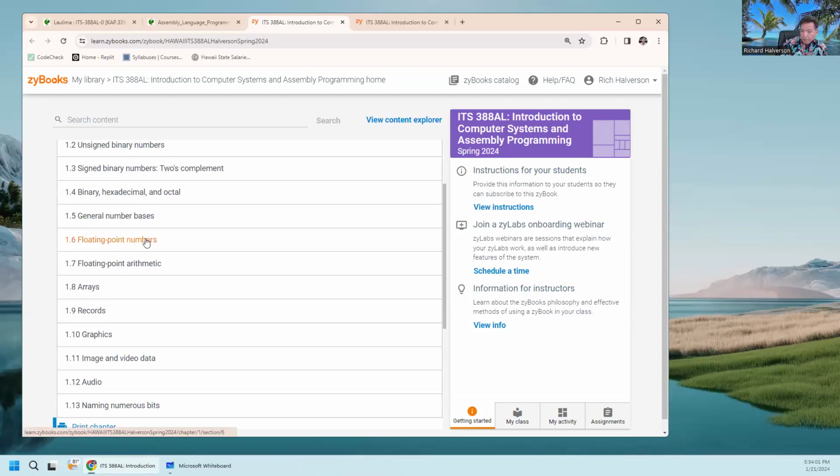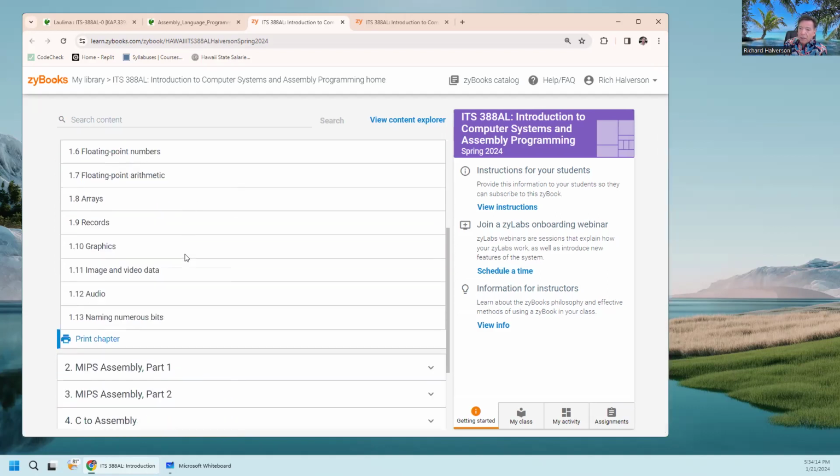And then how the sets of ones and zeros are used to represent integers or floating point numbers, and then how we do arithmetic, and then representing arrays and records or structures, which are kind of like arrays, but with different primitive types inside of a record, and there's an array of records perhaps.